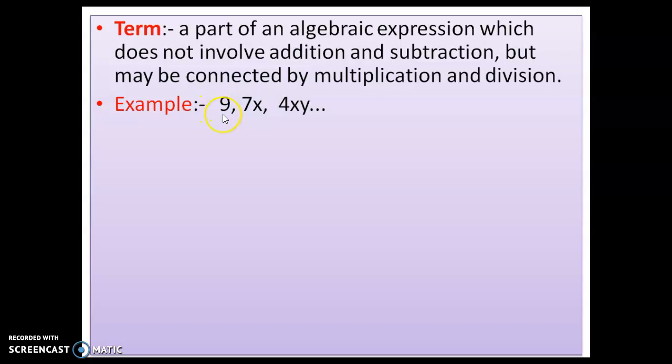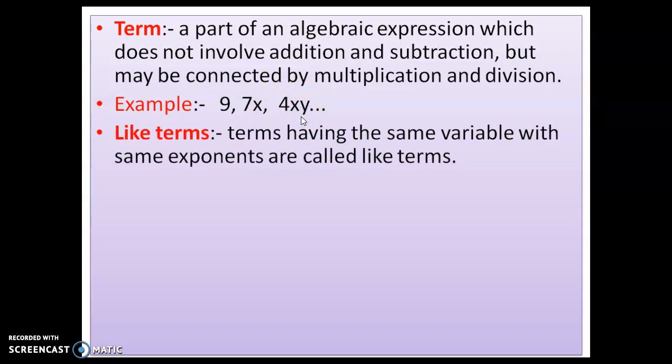Though it's a constant, it's a term. 7x: the 7 and x, one constant and one variable, are connected by multiplication, not by addition or subtraction, so this is a term. Similarly 4xy: two variables and one constant combined by multiplication, so this is a term.